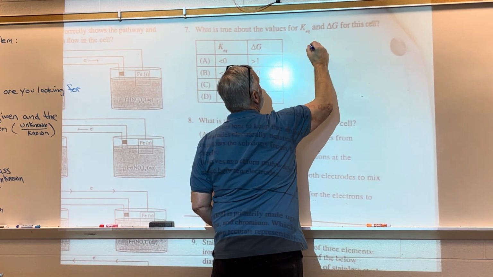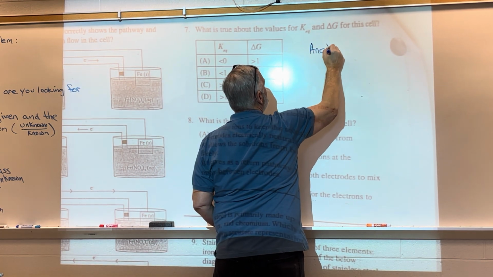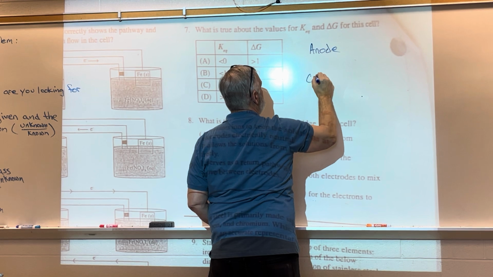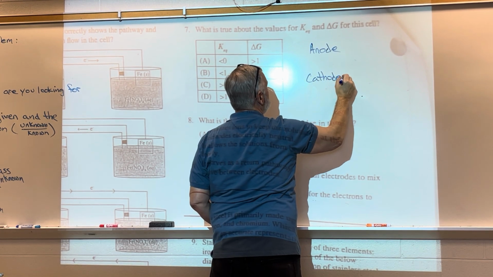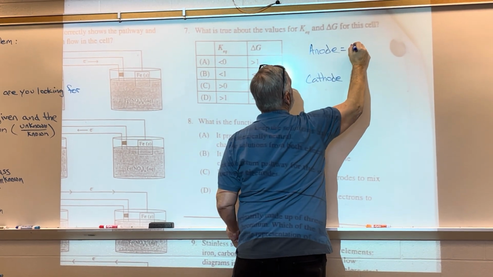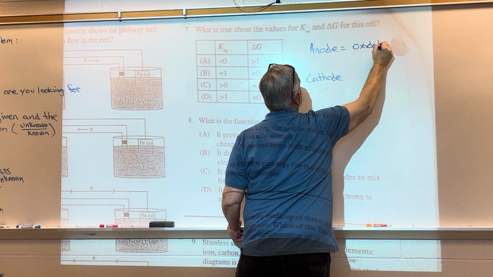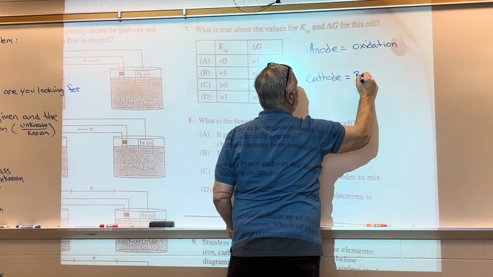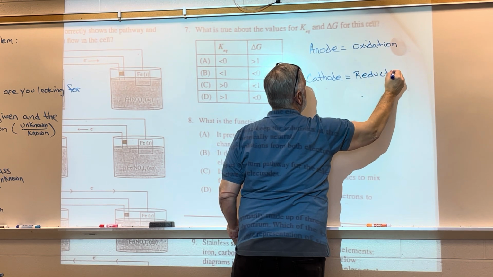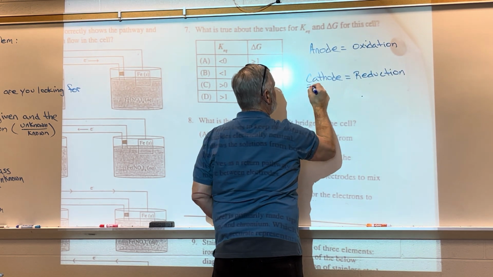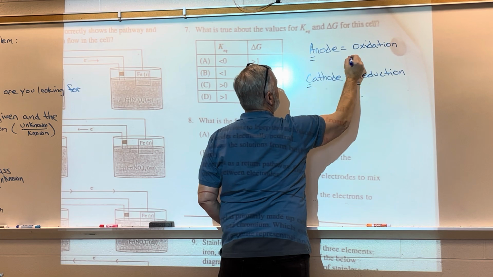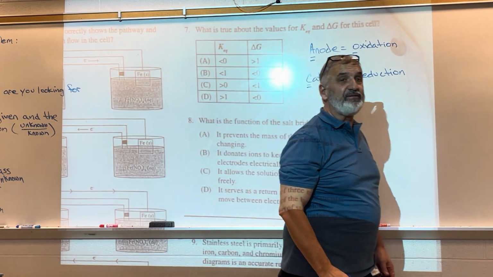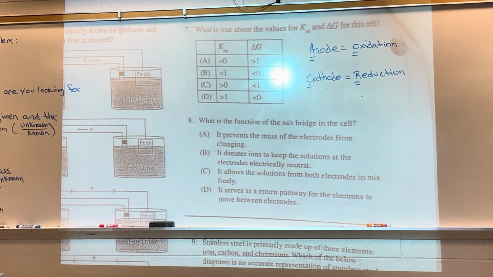We have to always know the definition of the anode and the cathode. So put this somewhere in your notes. Anode is where oxidation takes place. Cathode, obviously, is where reduction takes place. The way I remember it is the vowels stay together, the consonants stay together.